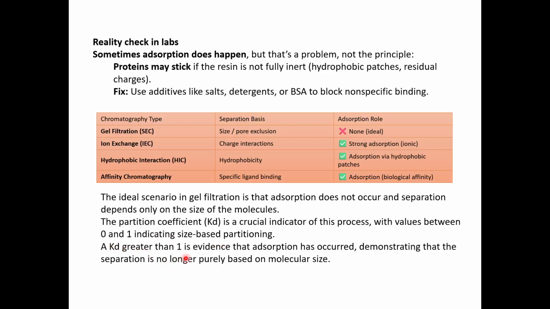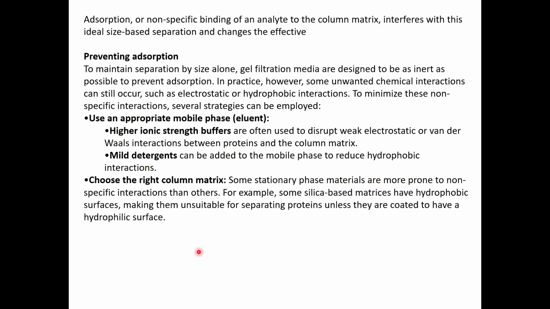If the Kd is greater than 1, it might suggest that there is adsorption in the column. This demonstrates that the separation is no longer purely based on size. There is some kind of interaction or adsorption going on, which is affecting your gel filtration process. So this is how adsorption can trouble your chromatography in case of gel filtration.